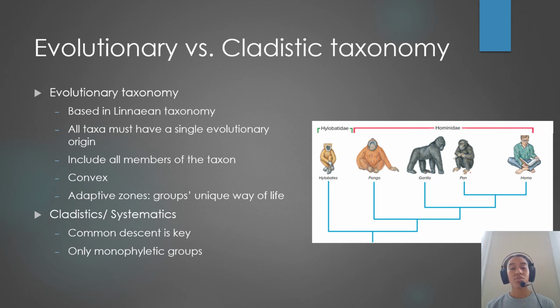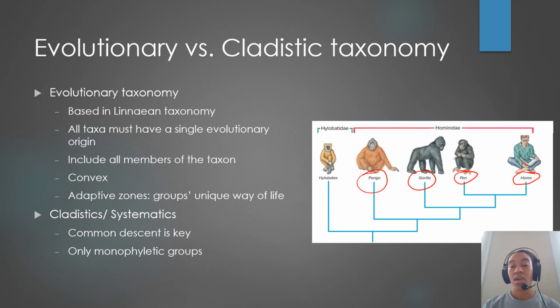Instead of using the evolutionary taxonomy method, some people have switched to using the cladistic systematics method, and this system is all based on common descent. Common descent is key. If you're a cladistics taxonomist, you include humans in the same group as chimpanzees, gorillas, and orangutans, because now this is a monophyletic group, right?